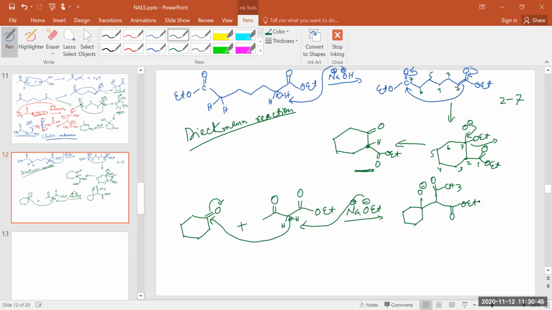Okay, so then it will take a proton, it will be an OH, and here you have one more hydrogen. You see this one?